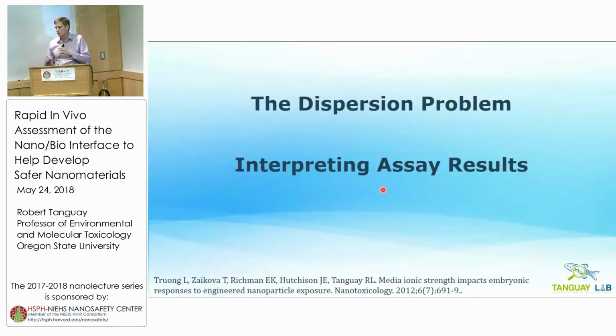So a lot of folks who do nano-bio interactions with materials that they can't get in solution, the most common approach is to mix it with something that coats it to improve the dispersion. I really don't like that approach, for obvious reasons. Unless you have a dissolving material, what's interacting with your biological system is the surface.